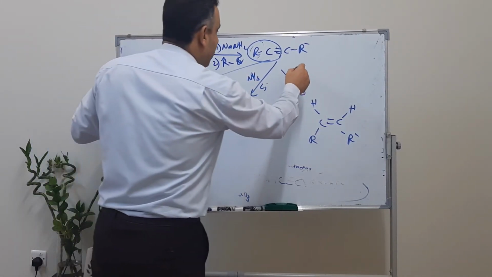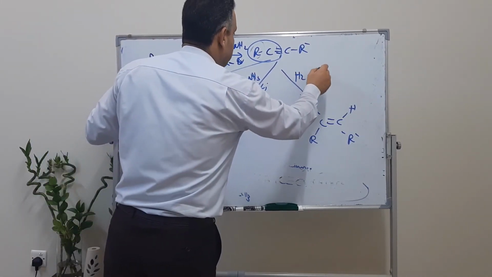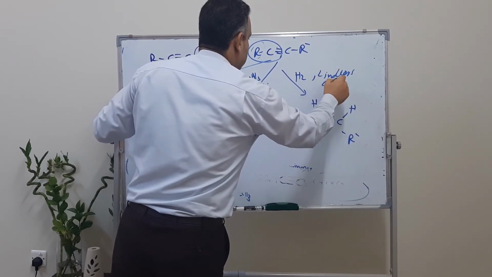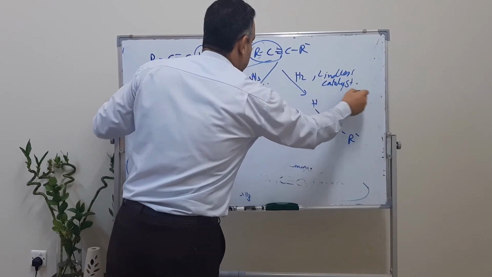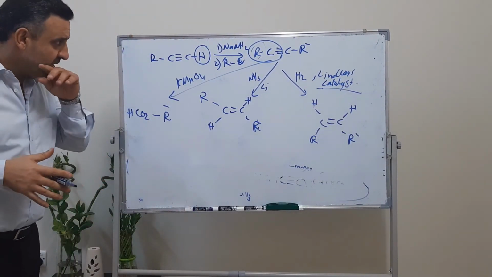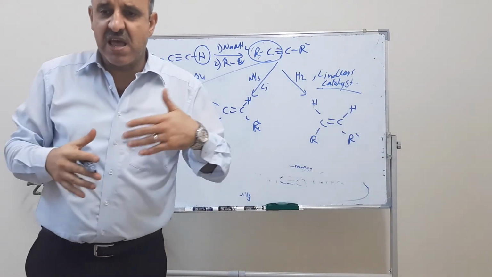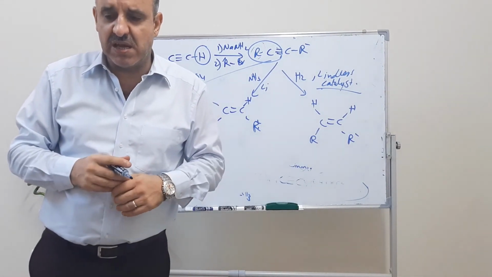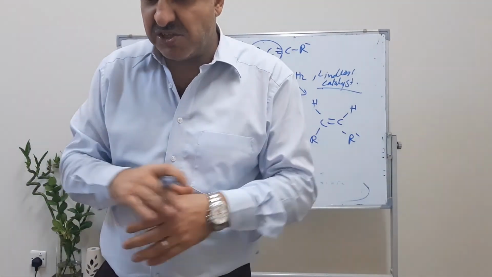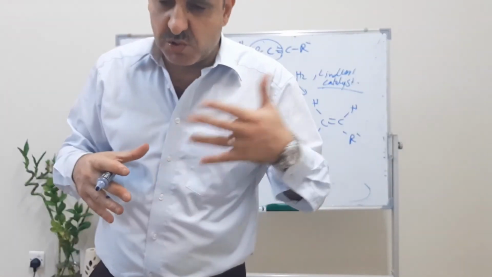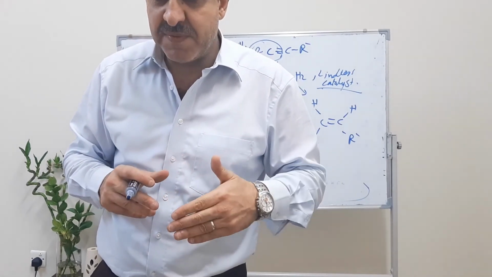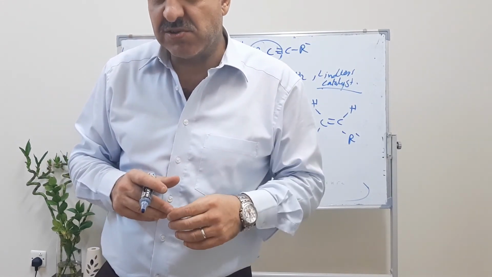Here, by reacting with hydrogen in the presence of Lindlar's catalyst. Do you follow me? So we have plenty of options for this reaction. This two-step synthesis is very important in synthesis. We can get a lot of benefits out of this reaction.